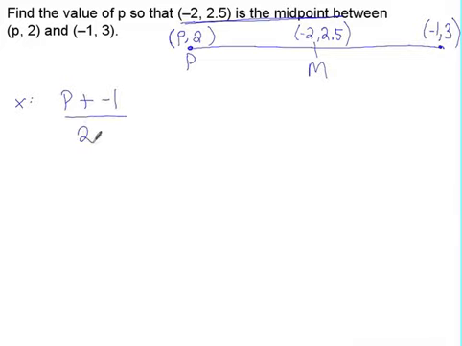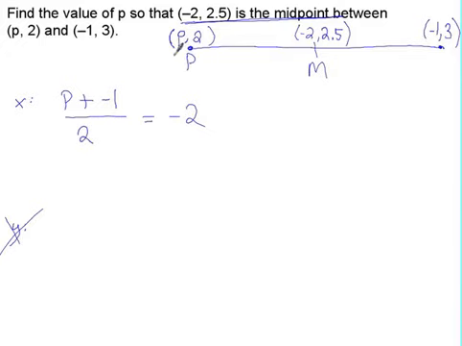If I take half of that, it should equal the x-coordinate for the midpoint. Likewise, if I'm going to find y, I guess I don't need to find y, do we? We have the y-coordinate of 2, the y-coordinate of 2.5, and this other y-coordinate of 3. Y is already found. So the only point missing is p.